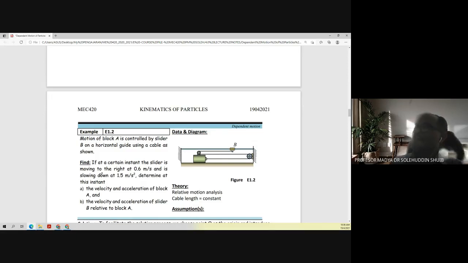So we have the motion of block A, which is controlled by the slider B on a horizontal guide using a cable.